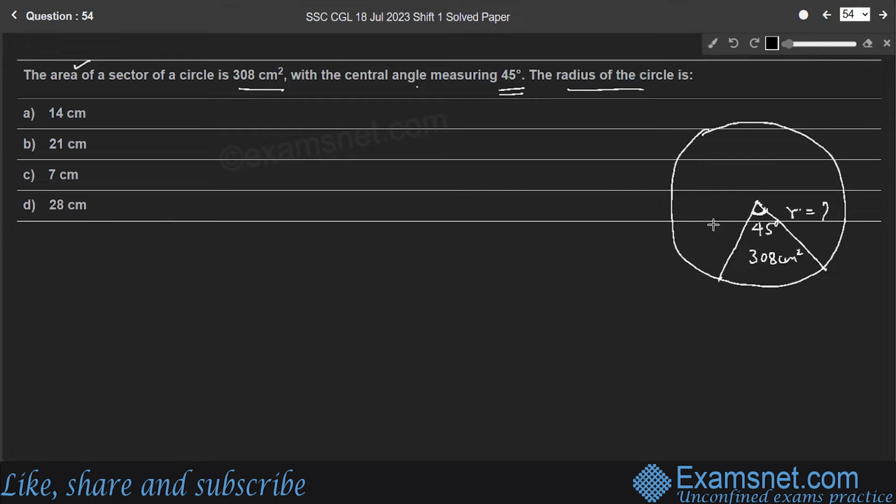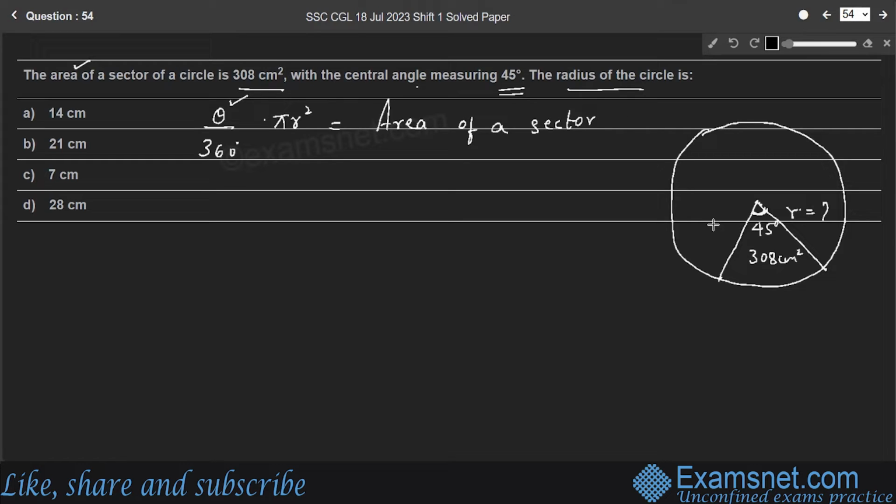So we know that the area of a sector in a circle is always theta by 360 degree into pi R square. So which is the area of a sector. Area of a sector, right? So here theta is the central angle in the sector.